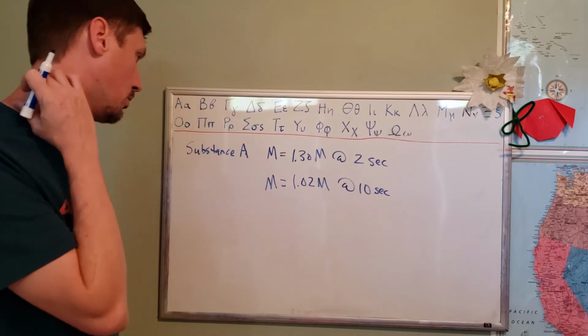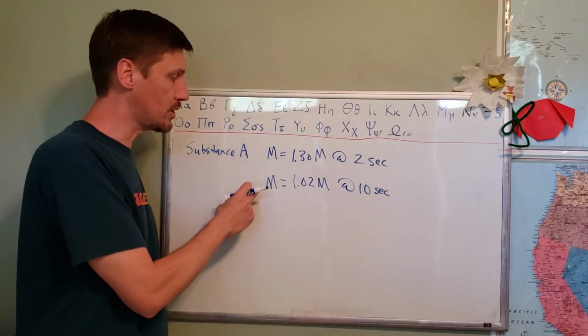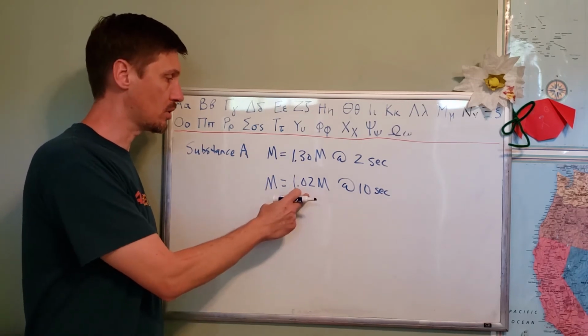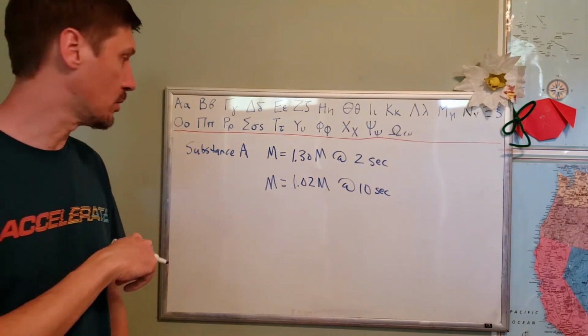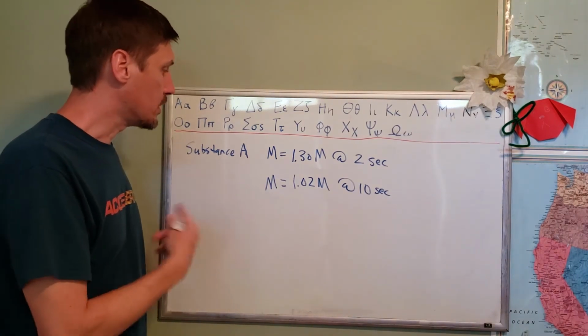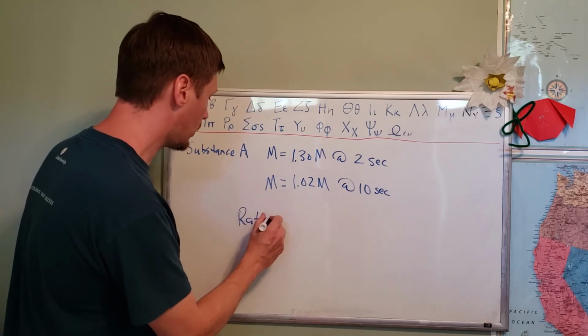The second question is actually the easiest one to answer, right? Because the concentration goes down over time. This number is smaller than this number. And so that means that this has got to be a reactant. As far as calculating the reaction rate, now that we know that it's a reactant, we know which equation we're going to use.